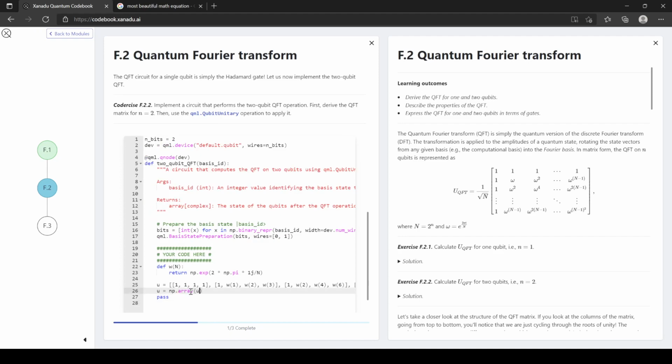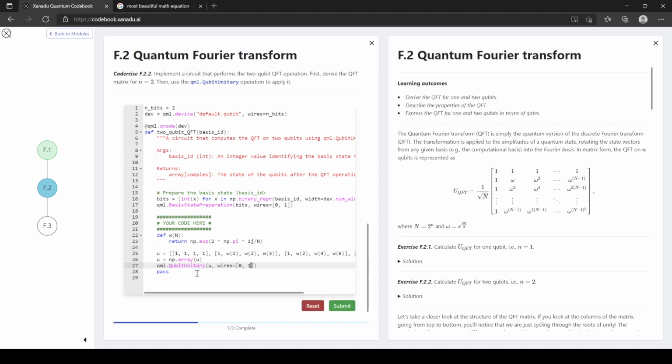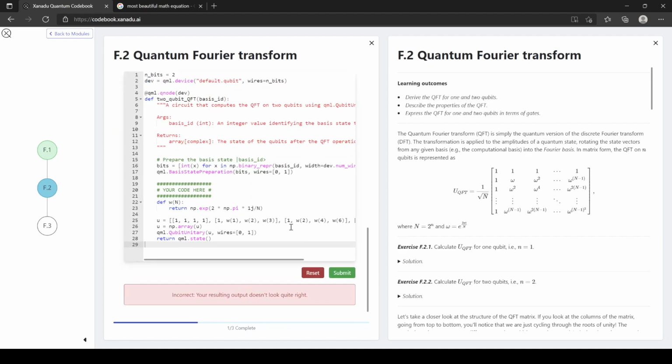All right. You get unitary U. I have to return the state. Yes, I do. Oh, did I not write it down correctly?